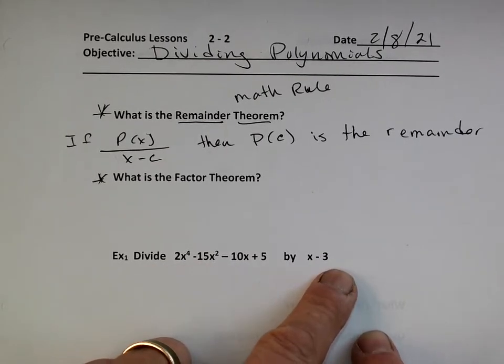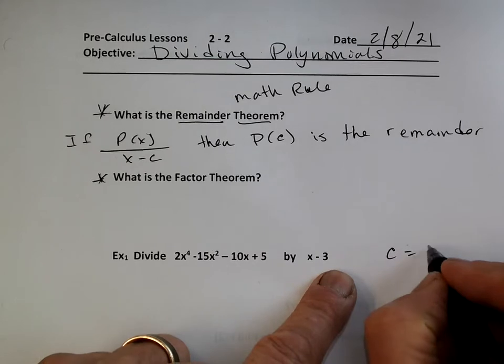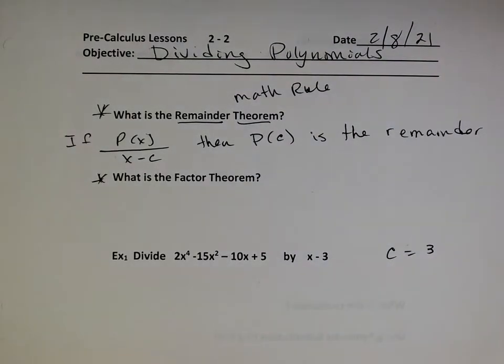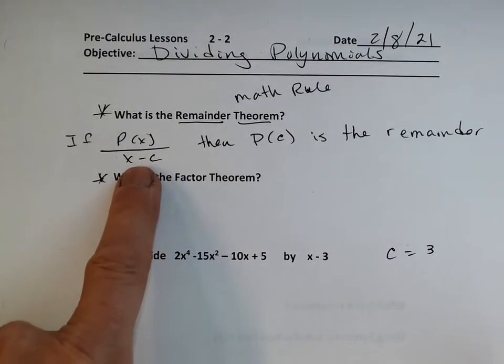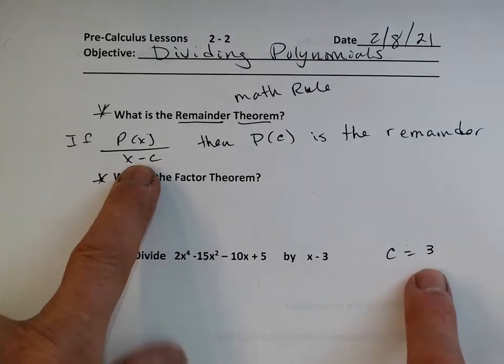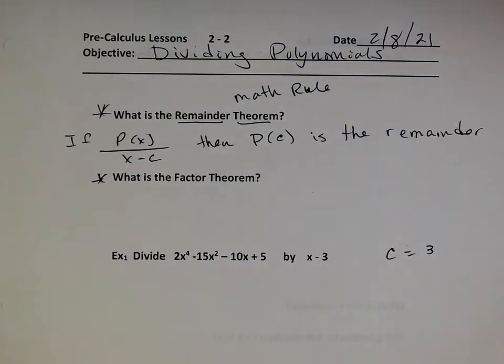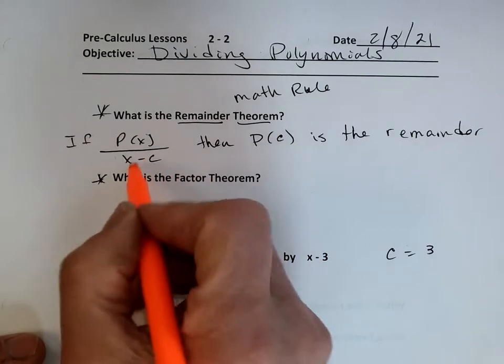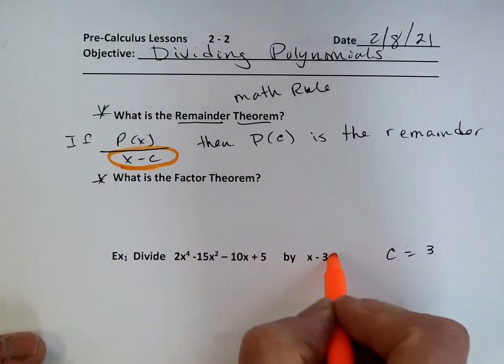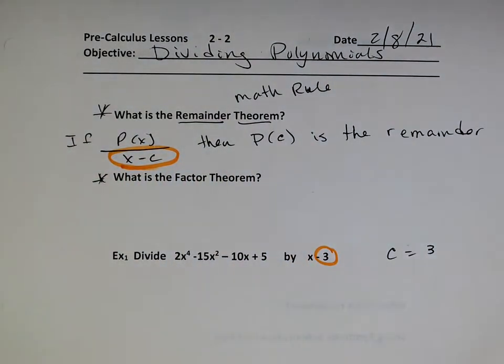So in this case, c is 3, okay? Because it says x minus c. In this case, c is 3. Does that make sense? So in my remainder theorem, if I'm dividing by x minus c, then in this case my c is positive 3 because it says x minus 3, okay?